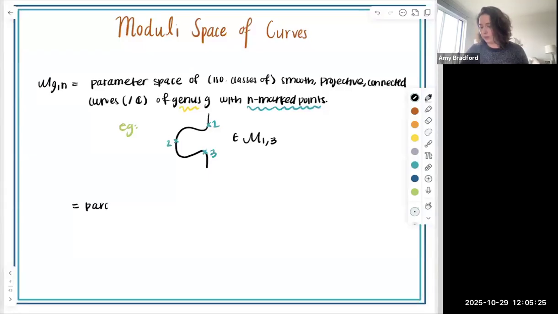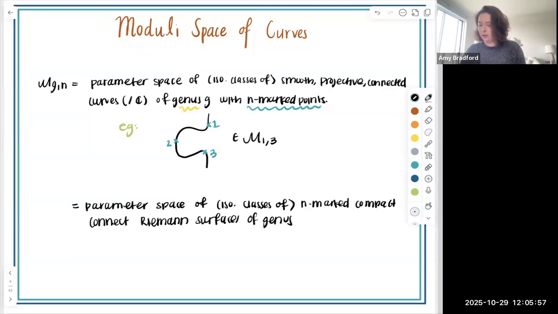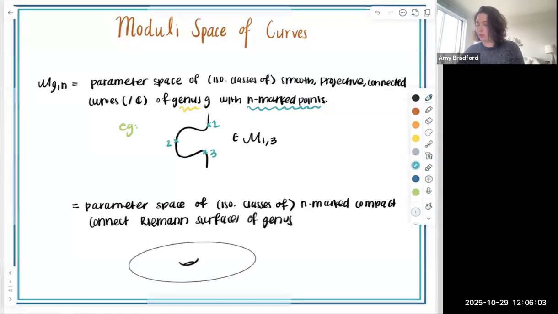This is a very non-trivial statement, but it turns out to be true: this moduli space is also the parameter space of, again, isomorphism classes of n-marked, compact, connected Riemann surfaces of genus G. So I can also draw a curve as a Riemann surface, that's the point. So this is also going to be considered a curve.